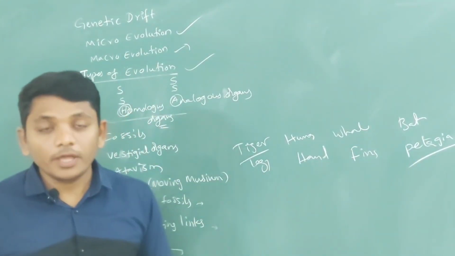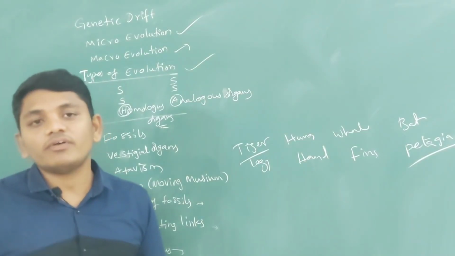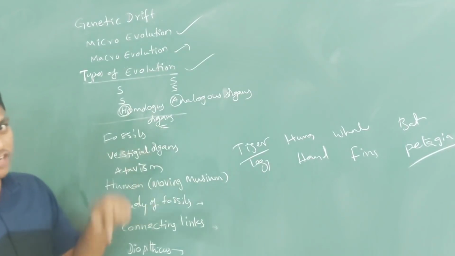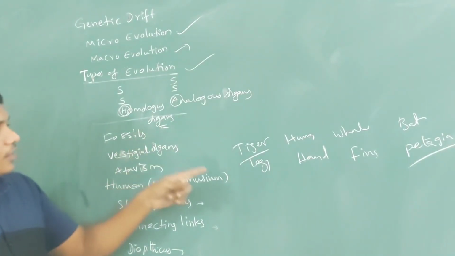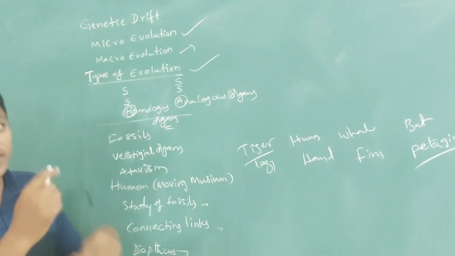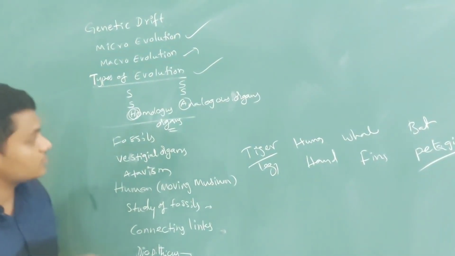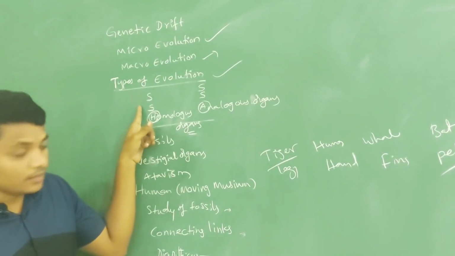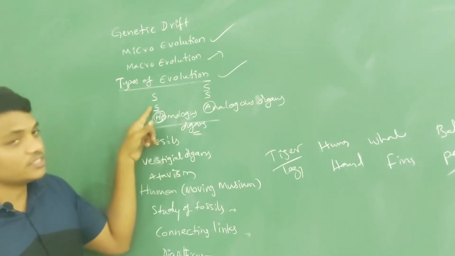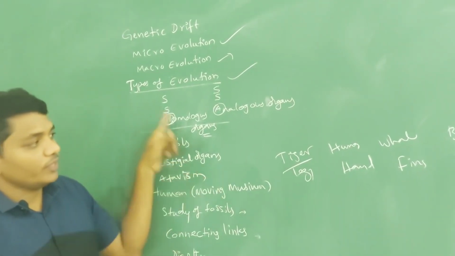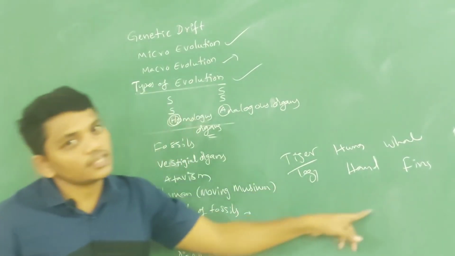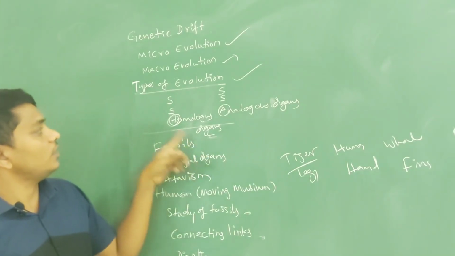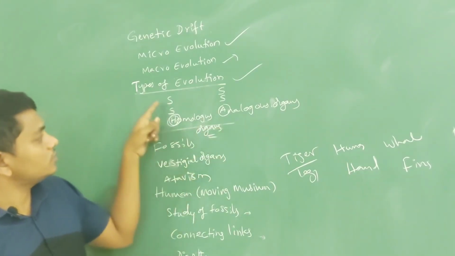The structure is the same, but the function is different. That type of organs are called homologous organs. Same in structure, different in function. Here the structure of all these is the same, but the function is different. This type of organs are called homologous organs.